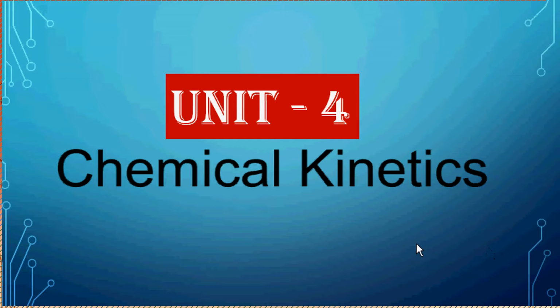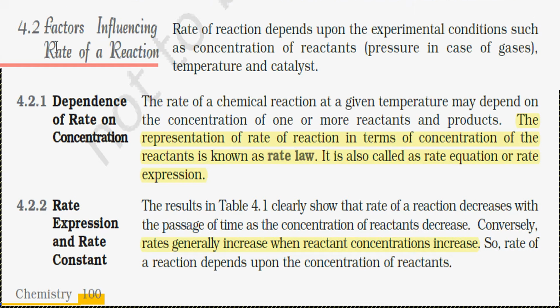Unit 4, Chemical Kinetics. Factors influencing rate of a reaction. Rate of a reaction depends upon the experimental conditions such as concentration of reactants, pressure in case of gases, temperature and catalyst. This is what we already discussed.